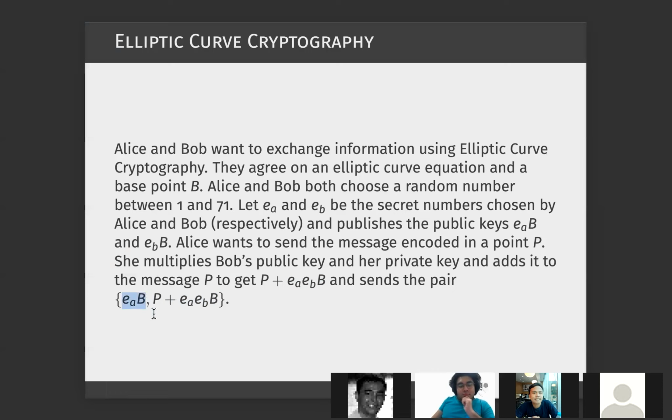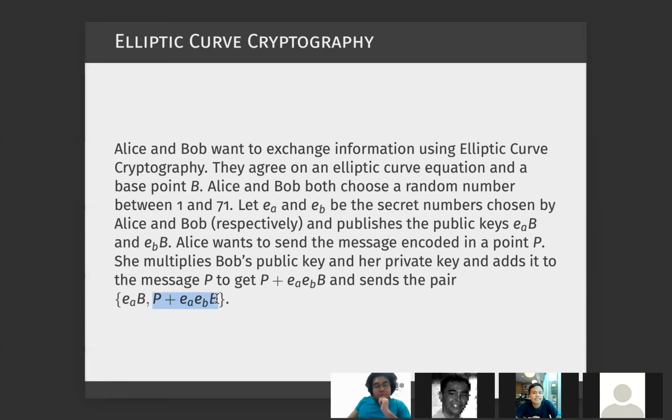Alice will send her public key as well as the encrypted message to Bob. Anyone can actually read it, but only Bob can decrypt. That's the whole point about encryption.